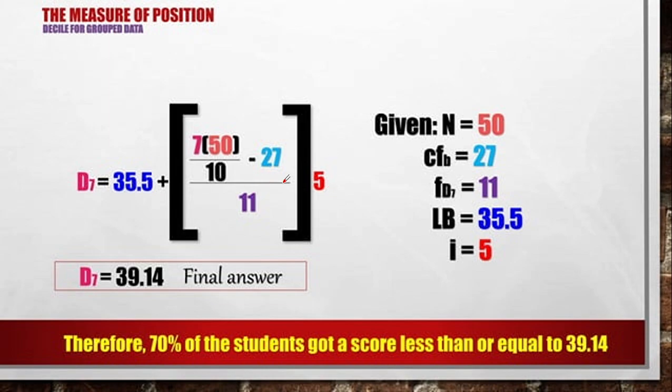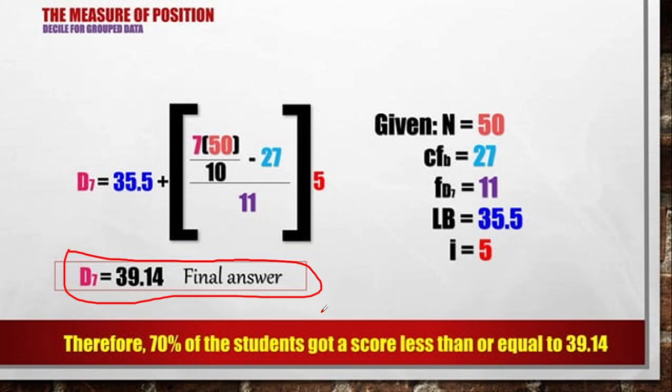Ang answer, i-plus sa 35.5. Nakakuha dayon tag 39.14 na final answer. Okay, pwede ra na ninyo i-compute para i-check: 7 times 50 divided by 10 minus 27, divided by 11, times 5, plus 35.5. The answer is 39.14. That's correct.